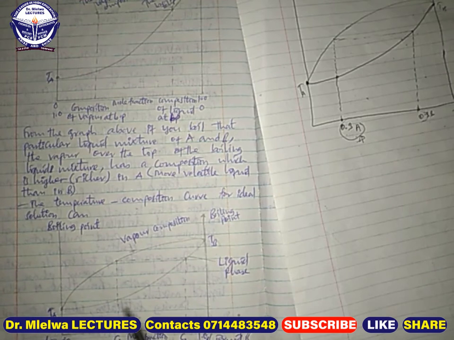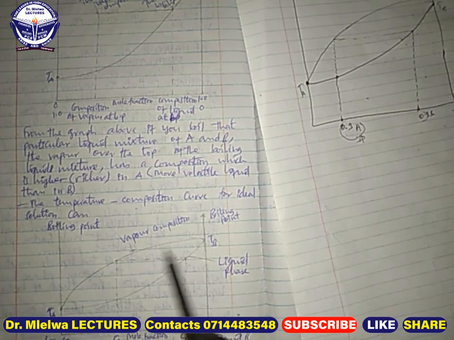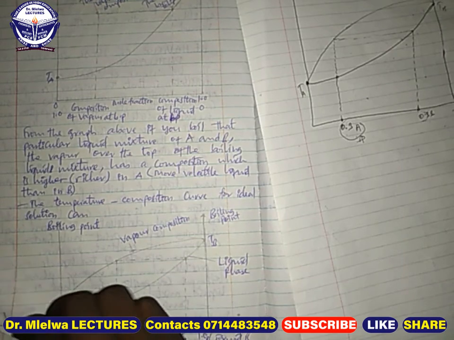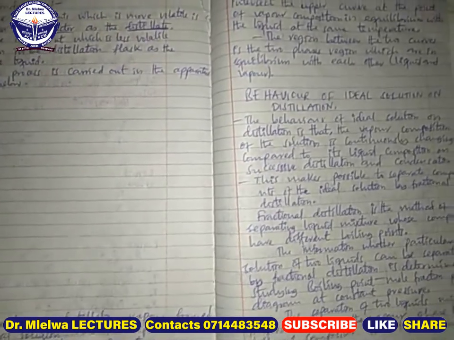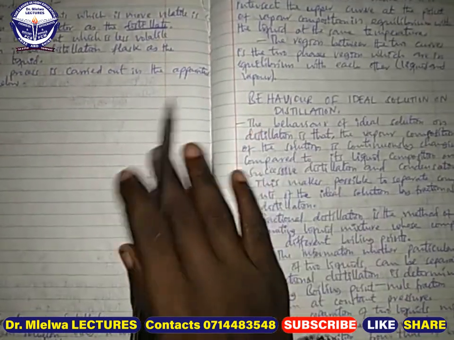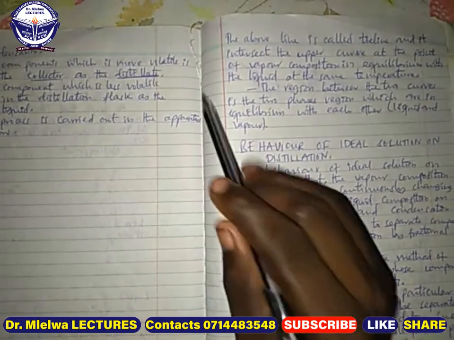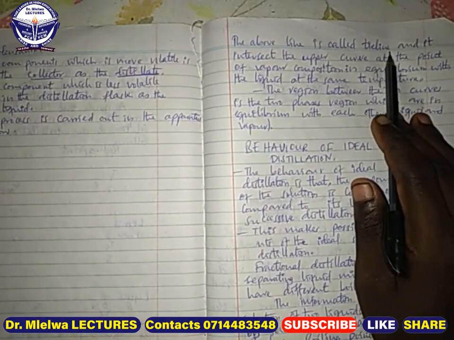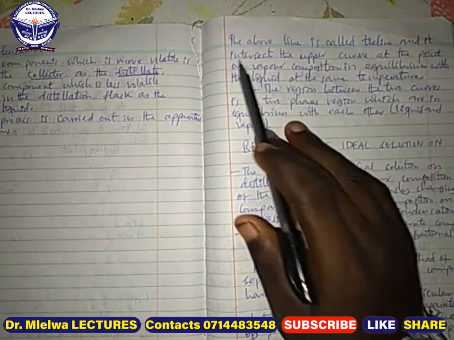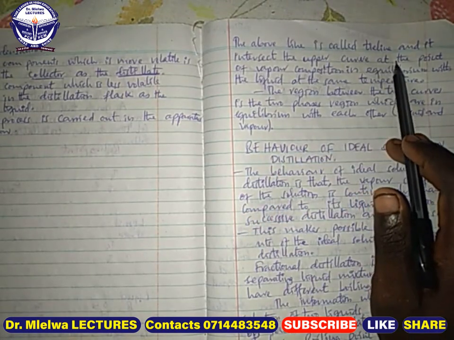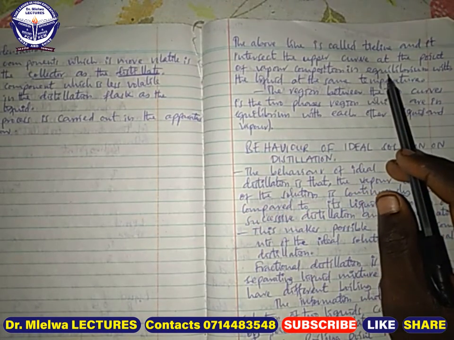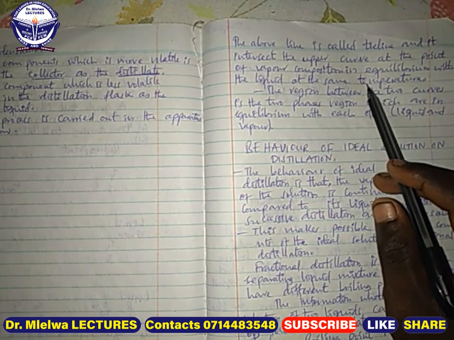Kwa hiyo hii hapa inakuwa ni liquid phase, huko inakuwa nini? Ni vapor phase. Kitu kinapopungua kwenye liquid phase, that means kinaongezeka kwenye vapor phase. So we are saying that above line is called tie line and it intersects the upper curve at the point of vapor composition in equilibrium with the liquid at the same temperature.